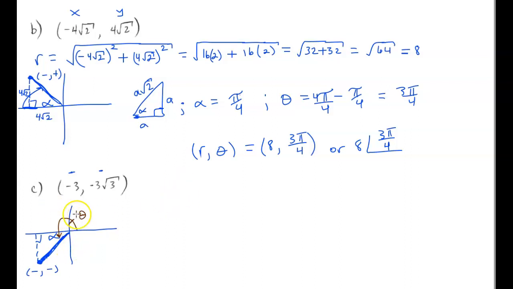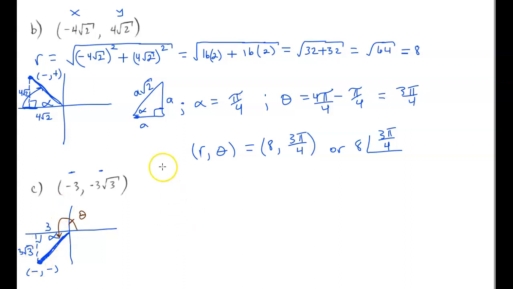Now that we have that, if I look at the sides here, I know that the x coordinate is 3, and I'm ignoring the negative here because I'm noting it down in the point. And I know that this is 3 root 3, again ignoring the negative because I'm notating that in this point.